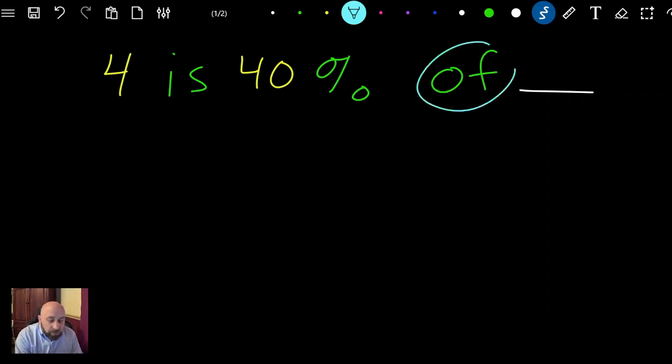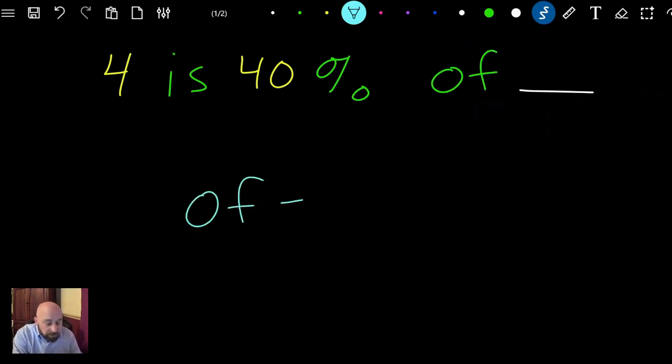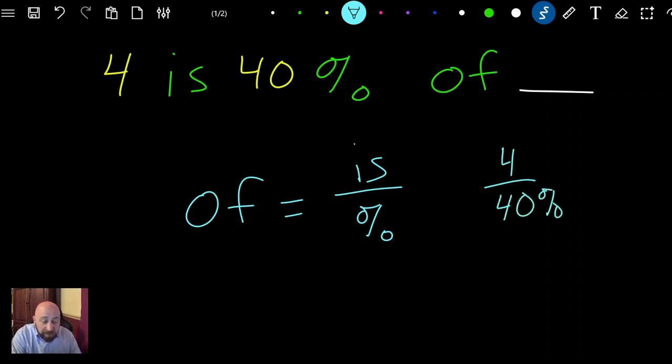All right, so now when we're looking for of, here's the way the formula goes. Of equals is over percent. Is over percent. All right, so now what we're going to do is we're going to plug in 4 over 40%. And again, I don't like the percent sign when we're doing math because we can't use it.